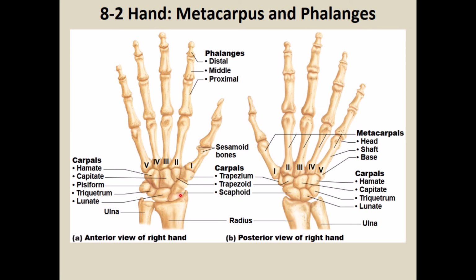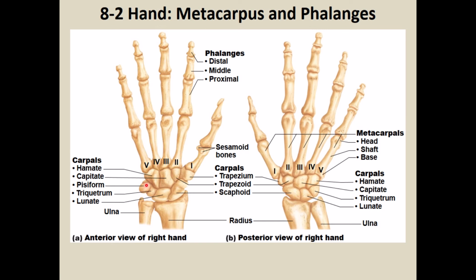So this is the proximal row, lateral to medial. This is lateral because the radius is located laterally, and also easy to remember, this is the thumb. So the thumb in anatomical position is located laterally. So scaphoid, lunate, triquetrum, and pisiform.